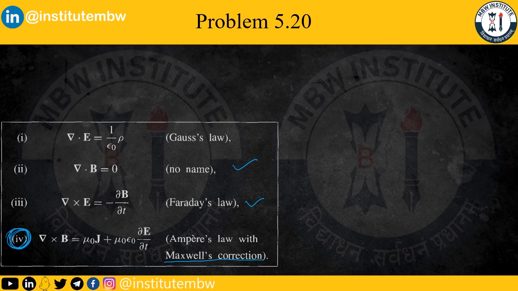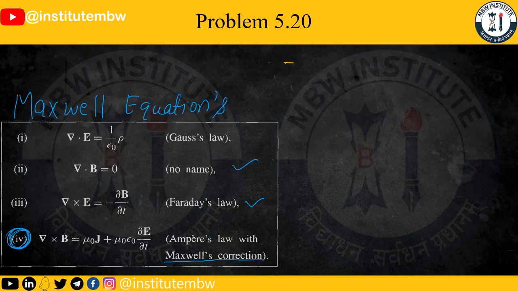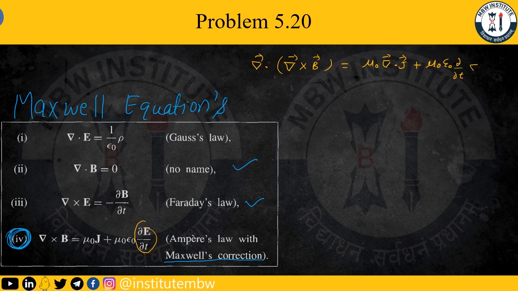Let me write it. These are Maxwell's equations. Let's take the divergence of the curl of B. This is equal to mu naught del vector dot J vector plus mu naught epsilon naught, and this del by del t I can take outside, so del by del t of del vector dot E vector.